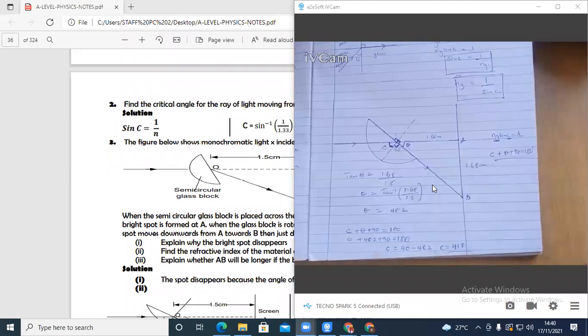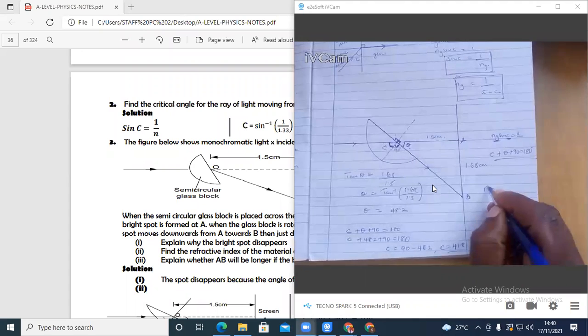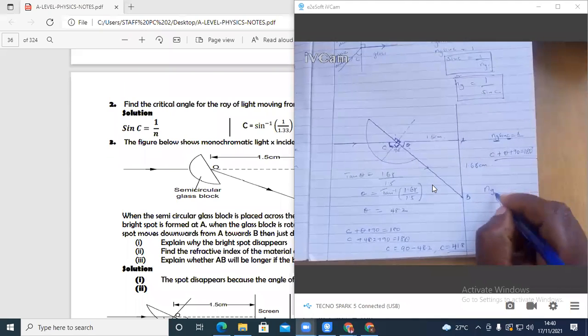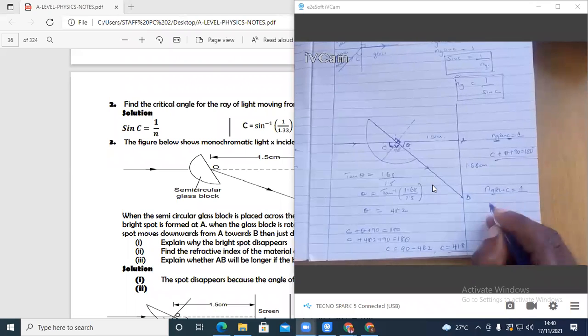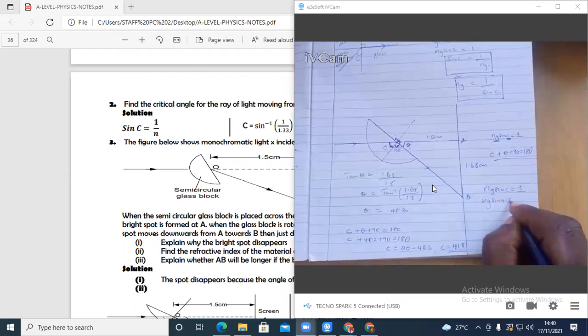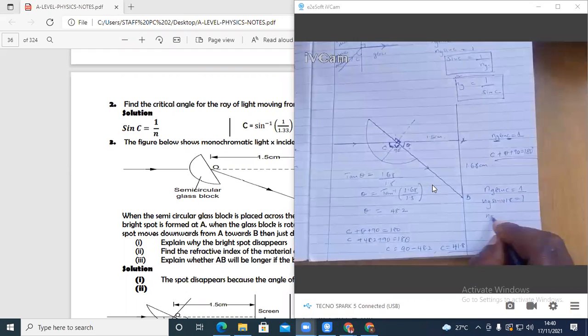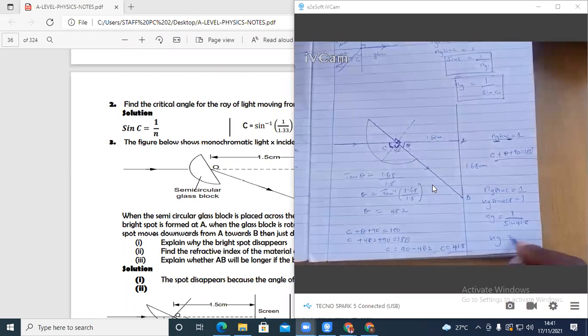After getting C as 41.8, we substitute in n glass sine C equals 1, and n glass is what we want. So sine 41.8 times n glass equals 1, so n glass equals 1 over sine 41.8. And you get n glass. What's the answer?